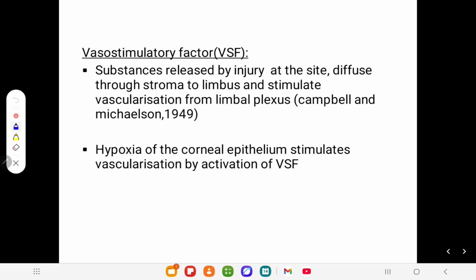What are the vasostimulatory factors? The substance released by injury at a site diffuses through the stroma to the limbus and stimulates the vascularization from the limbal plexus. So hypoxia of the corneal epithelium stimulates the vascularization by activating vasostimulating factors. That's very important.